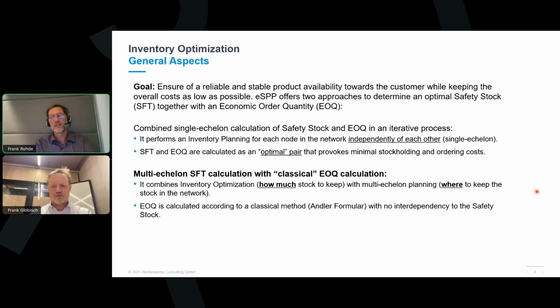It's not looking at each single echelon, it's really considering the whole network and trying to place the safety stock where it makes the most sense. The EOQ is calculated separately, and not together like in single echelon optimization, based on the classical Andler formula. So there is no magic behind that compared to the safety stock calculation.